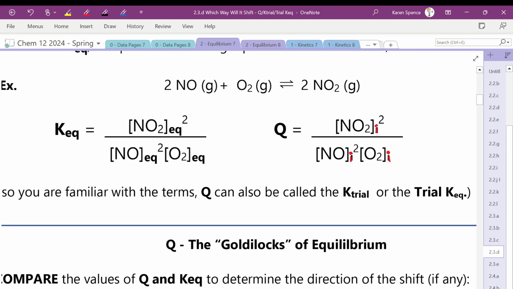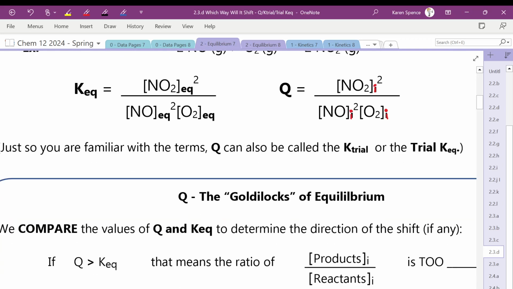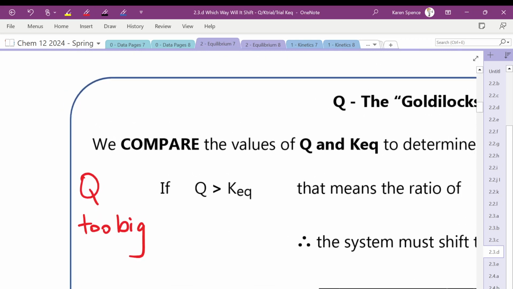Okay. So now, if Q is too big, that means Q is bigger than the KEQ. We are not at equilibrium. Think about it for a minute. Does that mean we have too much product or too much reactant?